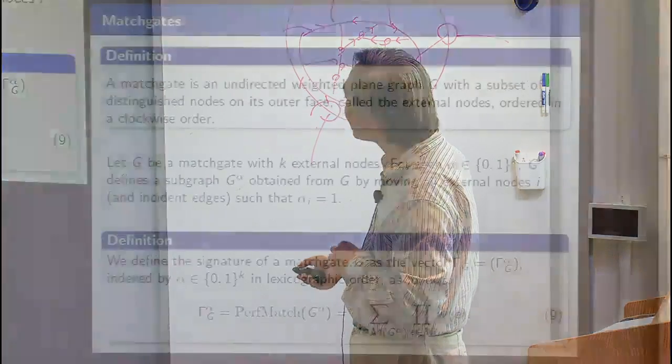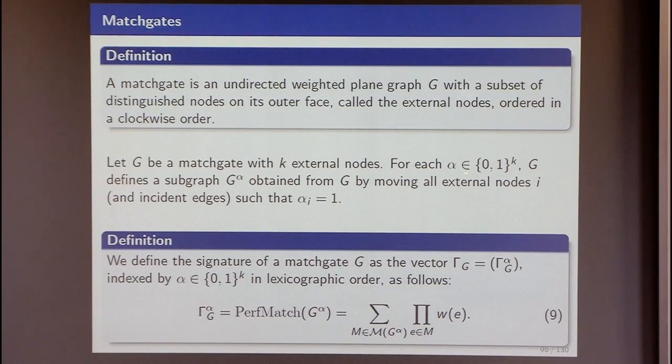So formally speaking, you take a pattern of 0s and 1s, and you remove the vertices that have a 1 in the graph. You compute its perfect matching value. Okay, so that gives you a bunch of values, and that assembles into a tensor or a vector.